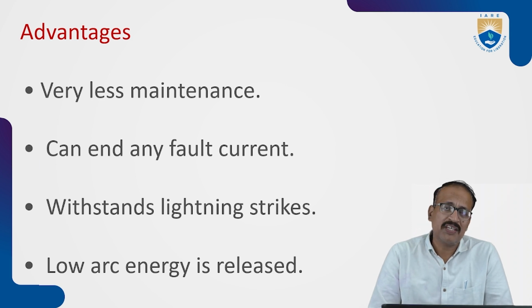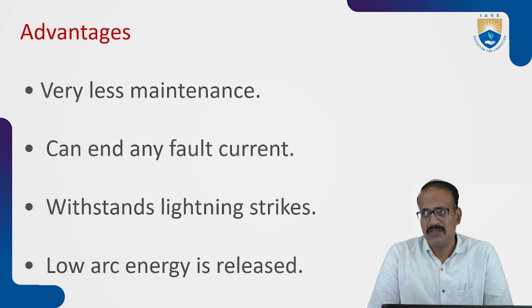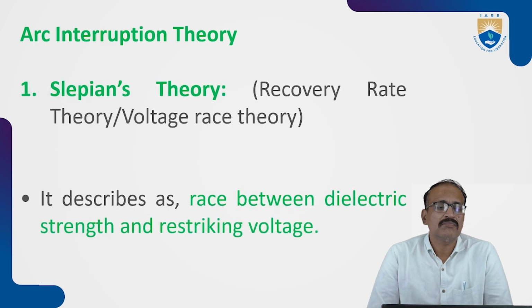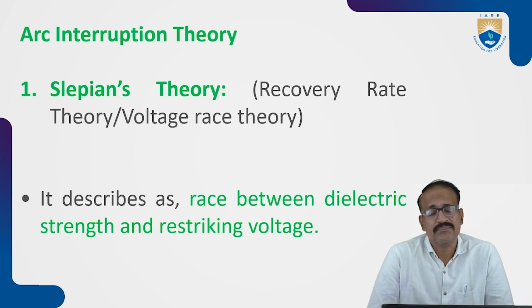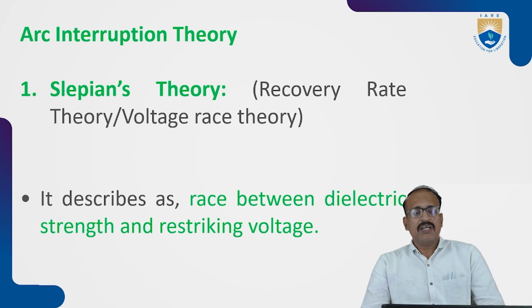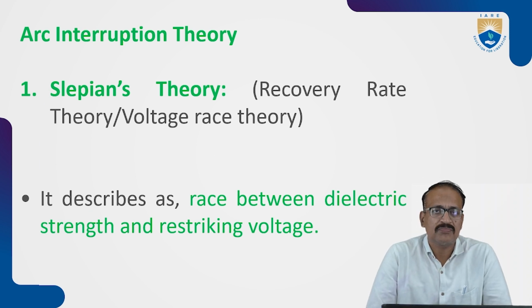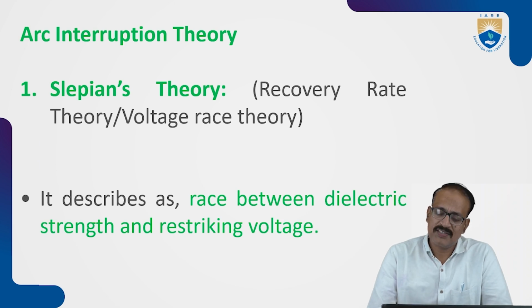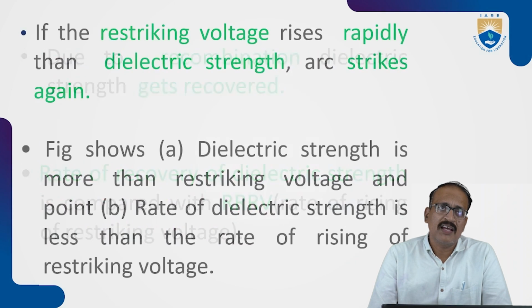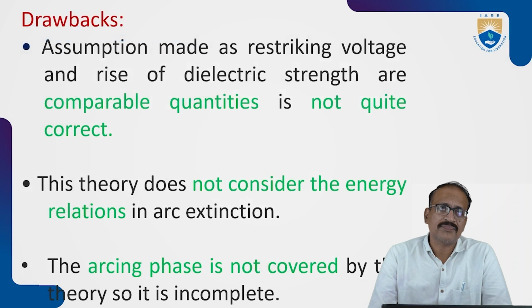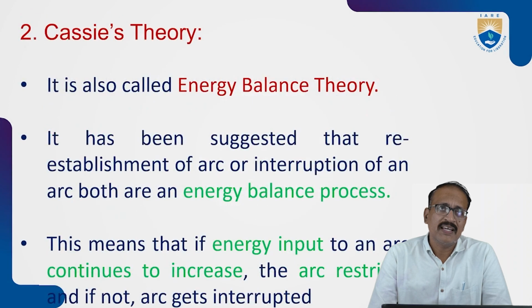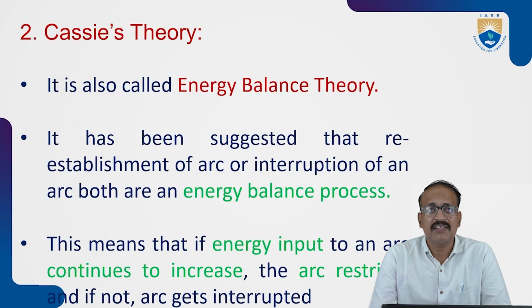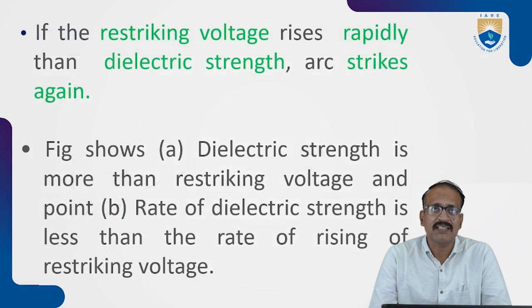Then we'll see the actual theory behind this, the arc interruption theory. So there are mainly two types of theories here, that is Slepian's theory and Cassie's theory.